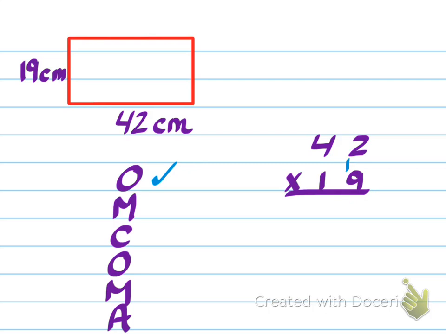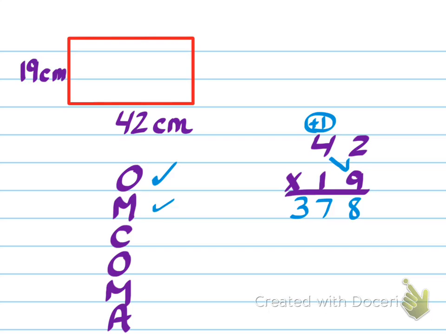The next thing I do is say 9 times 2, which is 18. This is what 18 looks like. I regroup the 1 and I drop the 8. I continue multiplying and say 9 times 4 is 36, but don't forget the 1 on top. So I have to add that, so that is 37.